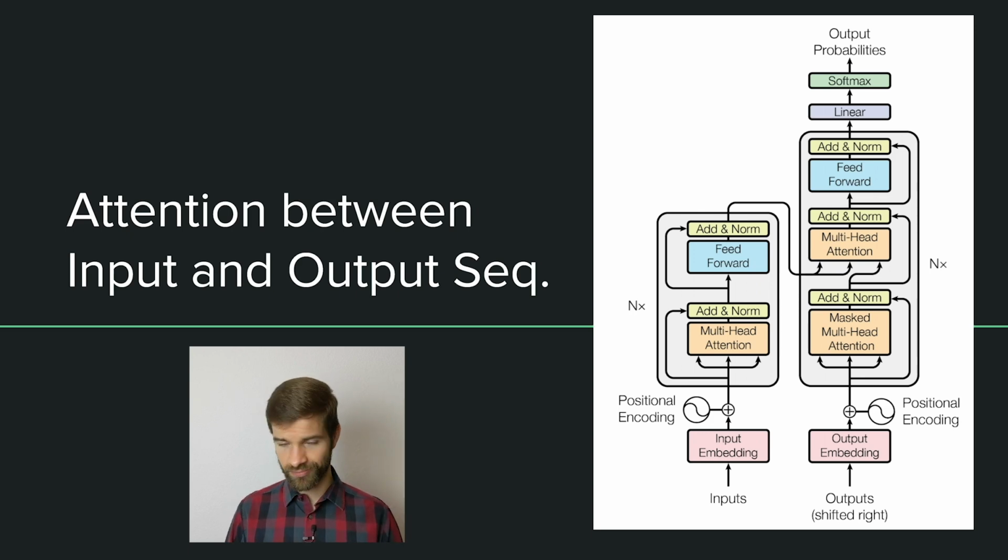We also go to this hidden representation, and now the third multi-head attention here is the connection between those two representations. So as opposed to the input and output attention blocks here, this one is being fed information from the encoder and from the decoder. And here is where all of this sequence-to-sequence alignment between those two sequence types actually happens.